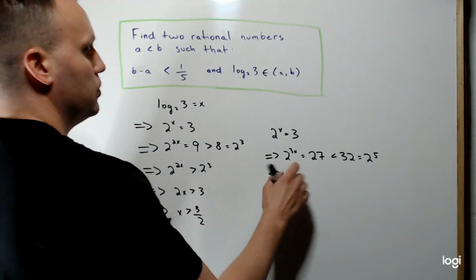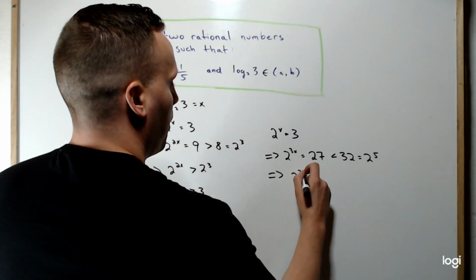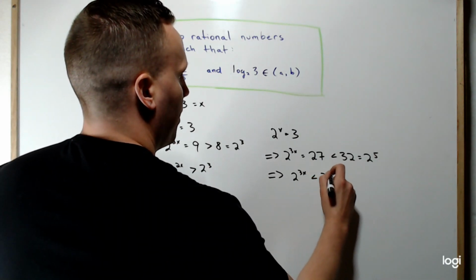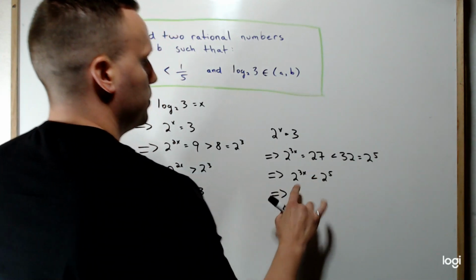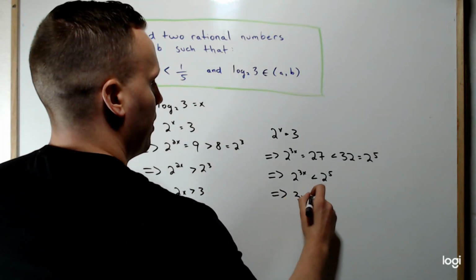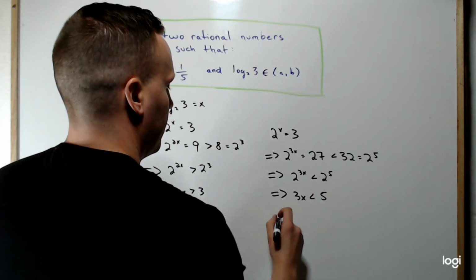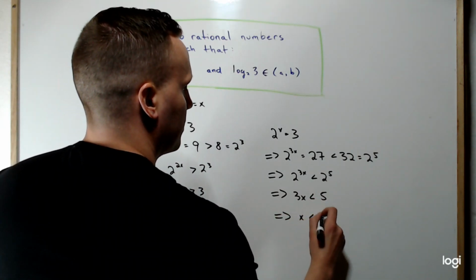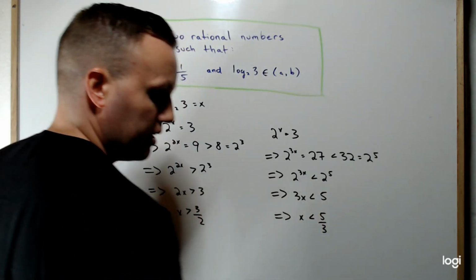So 2 to the 3x is strictly less than 2 to the 5. Again, with the same base, 3x is less than 5. Dividing by 3, we get that x is strictly less than 5/3.